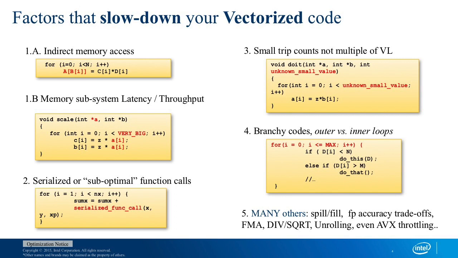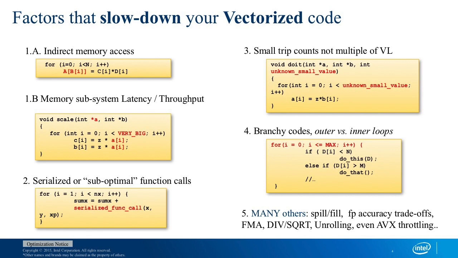You might have small trip counts, so it's very valuable to know for each loop how large the trip count is. You probably heard that when you vectorize, the compiler generates 3 kinds of loops. You have the peel loop in the beginning that's necessary to cope with the alignment.